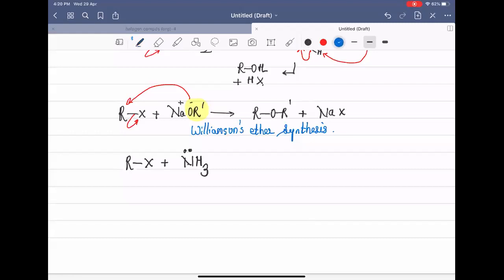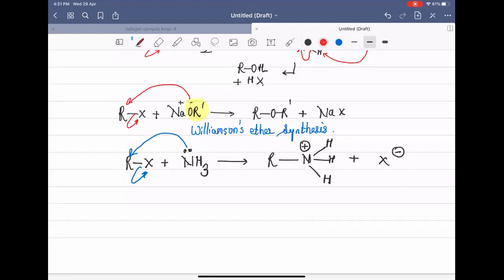There's this lone pair. A poor nucleophile goes like this. This moves out, and we have R-NH3. Because the lone pair is given by nitrogen, it becomes plus, and you have X minus.